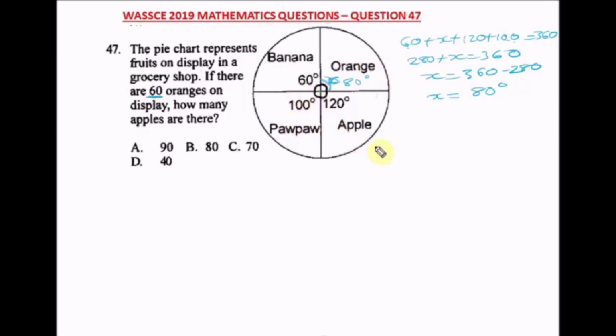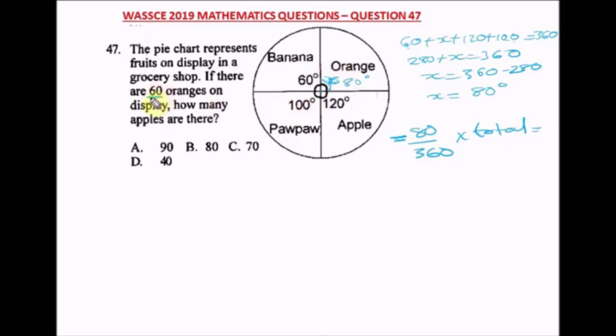I hope you know how to get that. The formula for getting the amount of orange from the pie chart is the angle of the orange, which is 80, divided by the total sum of angles in a circle, which is 360, times the total amount, which will give us the amount of orange.